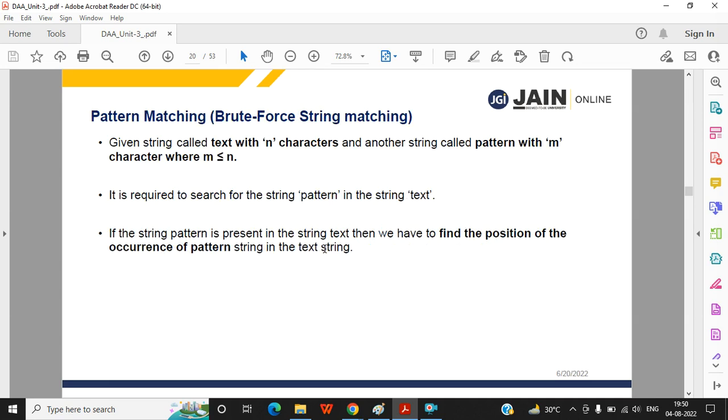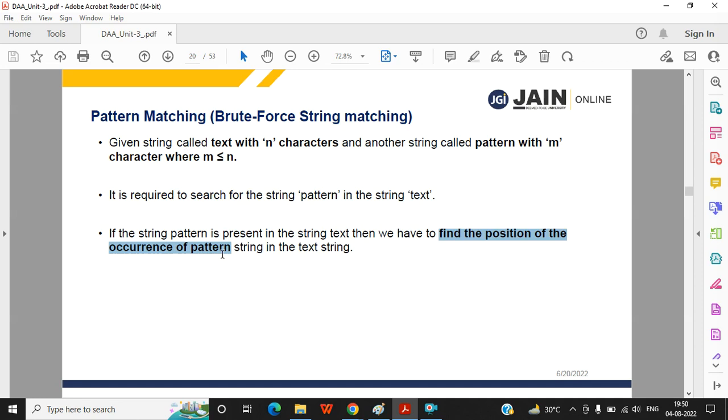Pattern matching, string pattern matching. Given a string, the aim is to find the position of the occurrence of the pattern. So this is our goal, okay? The pattern matching algorithm means string matching.